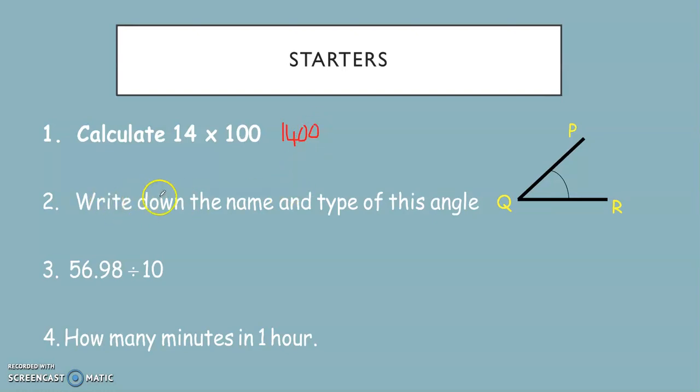Right, for question number 2, we have to write down the name and the type of this angle. The name is when we use 3 letters to describe the angle. We use this sign here to represent angle. Now you can name your angle with the 3 letters really in any order. You don't need to start anywhere in particular, but the letter Q, the letter that is at the vertex, the pointy bit of your angle, needs to be the middle letter.